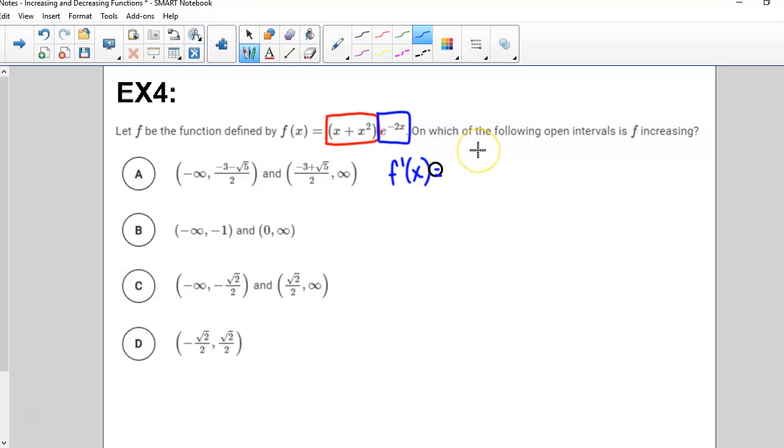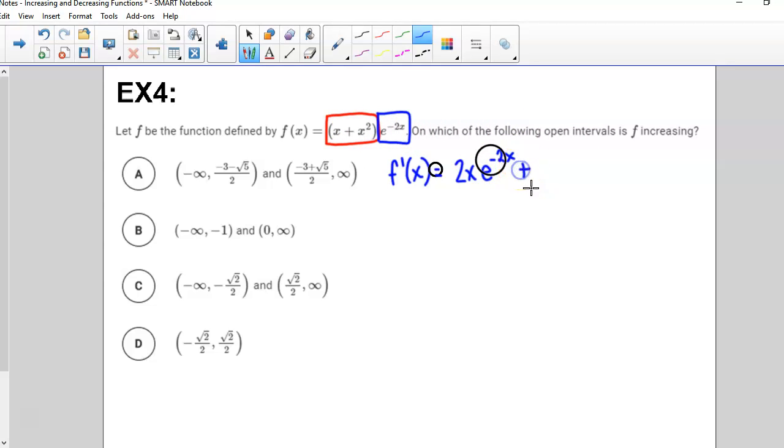Depends on what you're going to tell me it's multiplied by. Okay, so you're doing derivative of the red times the blue. All right, so we'd have 2x times e to the negative 2x. So that is the derivative of the red times the blue.